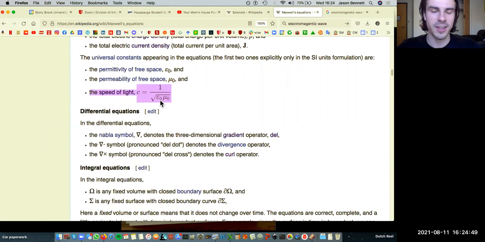Your whole freshman year, you're working with these epsilons and mu's, the permeability and permittivity of space. Those two things are defined based on the speed of light, because epsilon is all about electric fields, and mu is all about magnetic fields, and how they interact with each other is at the speed of light.